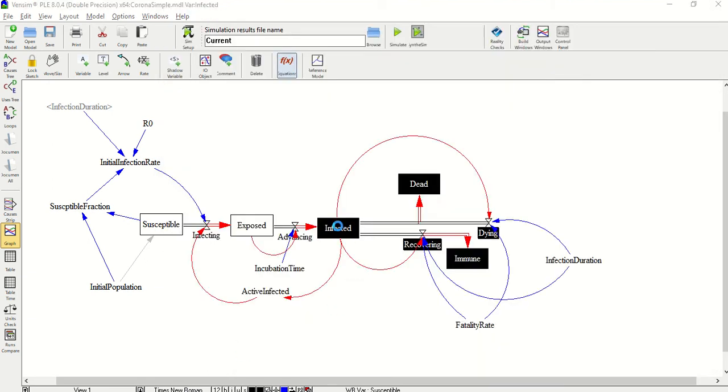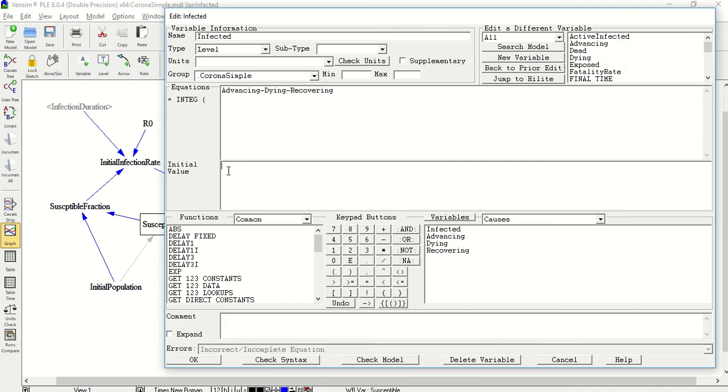And then the infected, we're just going to have to put an initial value. 5 people moved into your town. They came back from skiing in the Alps. They lied to you and said they were visiting their Uncle Sal in Florida.